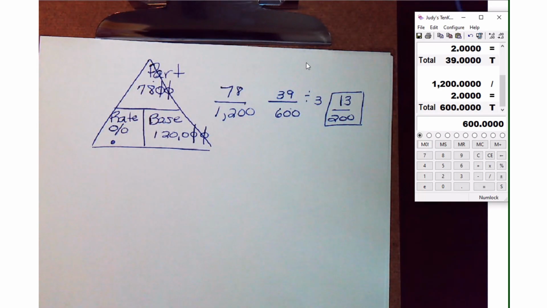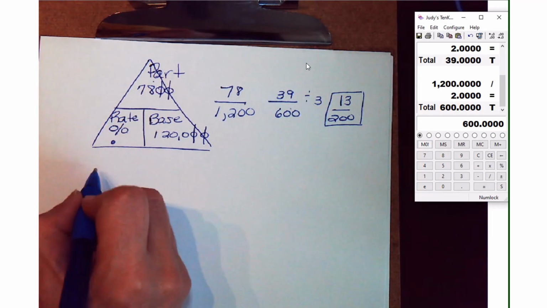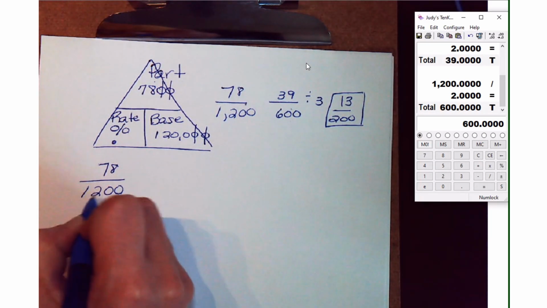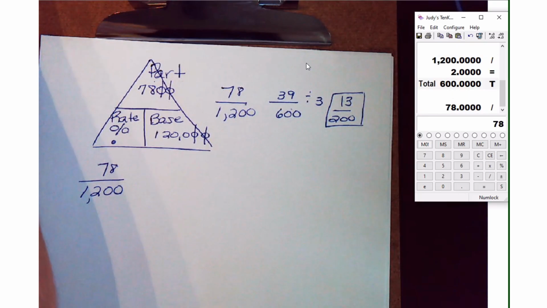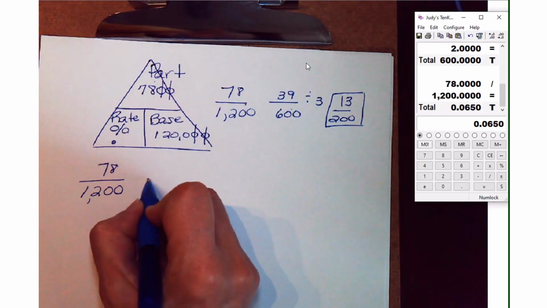So then it said what fraction, and that's where they left it, but let's carry this further. What else could I have done? I could take my 78 over 1,200 and convert that to a decimal.